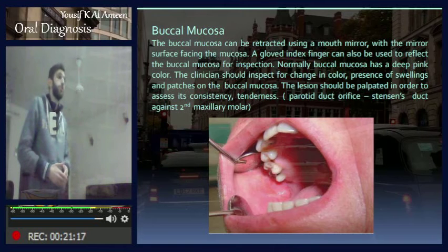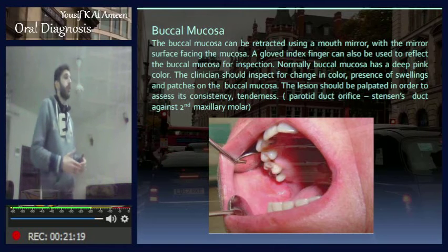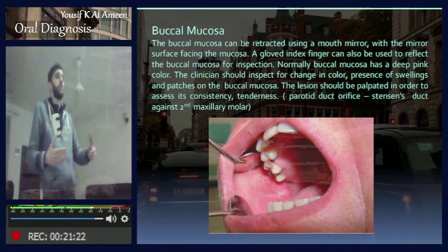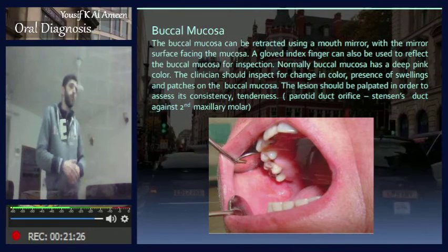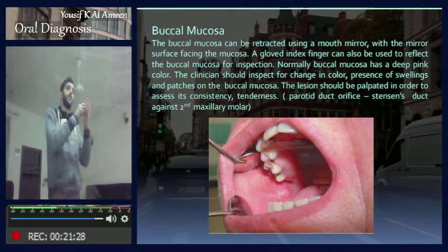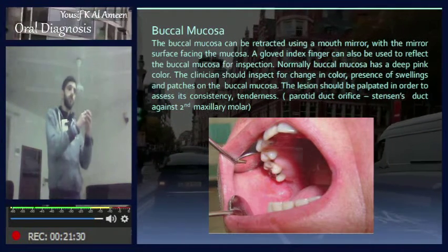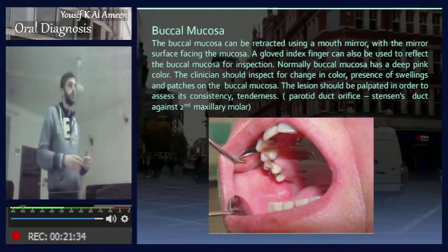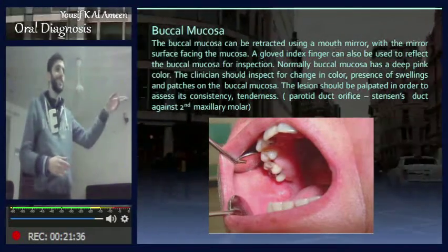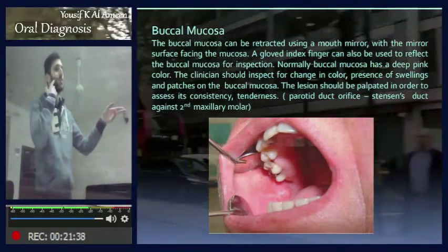The clinician should inspect for change in color, presence of swelling and patches on the buccal mucosa. The lesion should be palpated in order to assess its consistency and tenderness. Look for the parotid gland orifice, Stensen's duct, against the second maxillary molar.